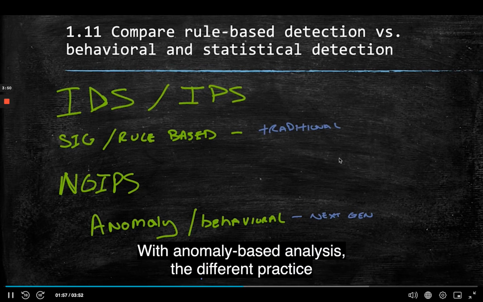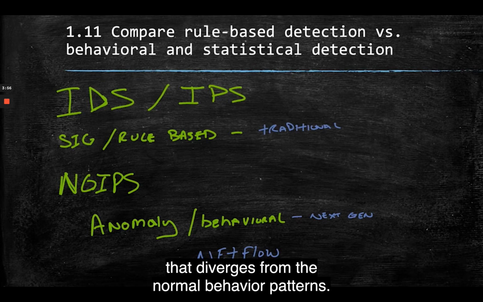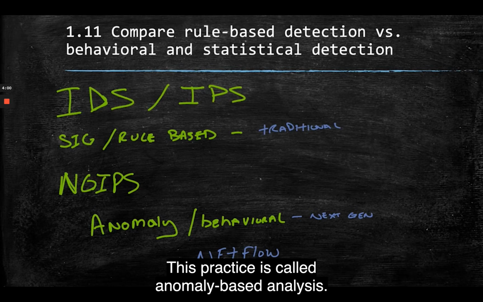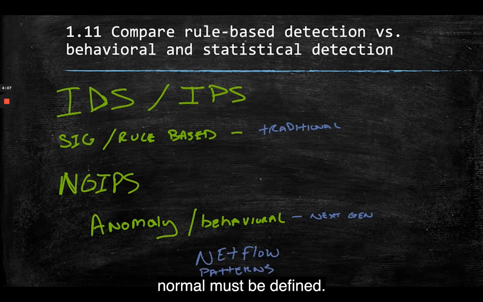With anomaly-based analysis, a different practice keeps track of network traffic that diverges from the normal behavior patterns. This practice is called anomaly-based analysis. The limitation is that what is considered to be normal must be defined.